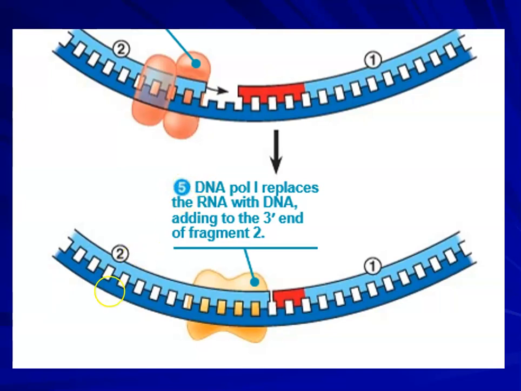And so DNA polymerase I is now going to replace the RNA nucleotides from the primer with DNA nucleotides. And like we saw with DNA polymerase III and primase, these can only be added on the 3' end. That is always the rule here. These enzymes can only act on the 3' end.